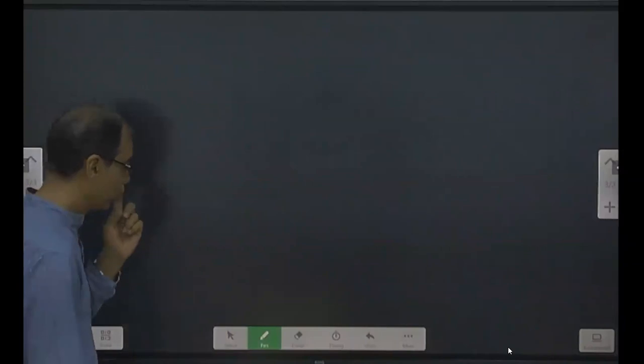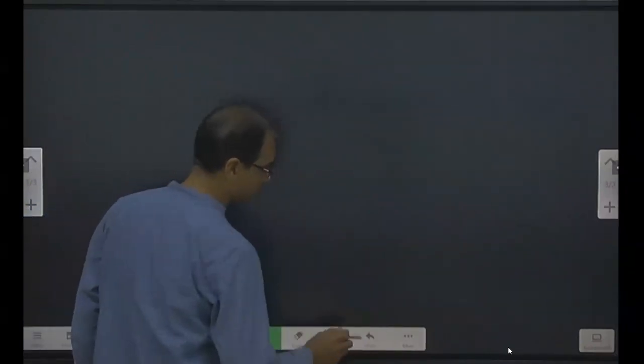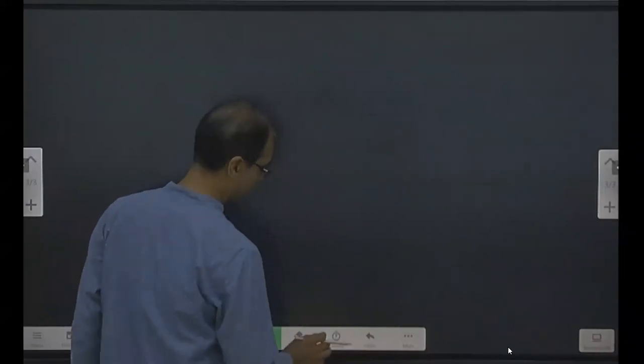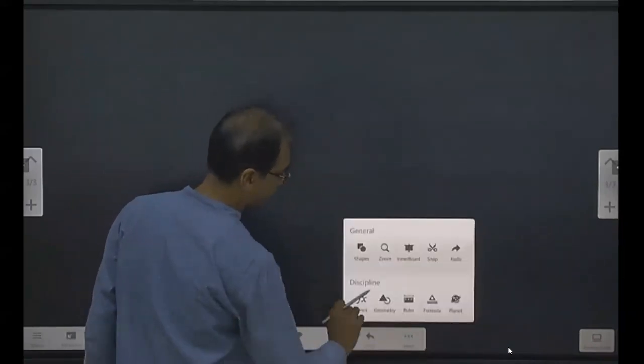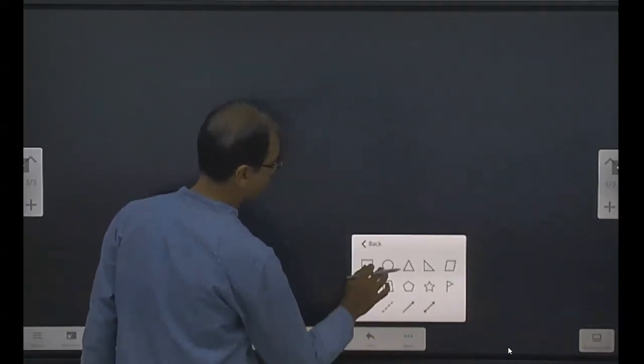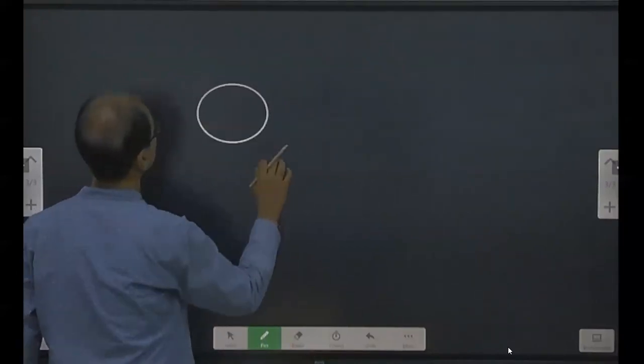Now see, when you talk about circular motion, let me give a little bit of an idea about circular motion also. In circular motion, let's make one circle first. So here is a circle.